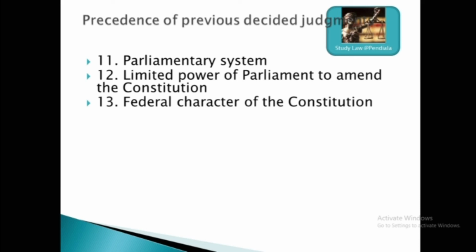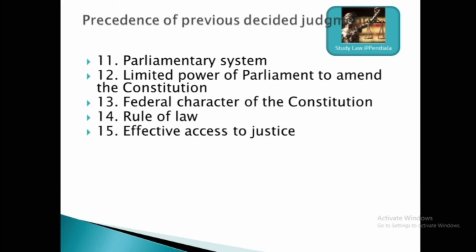So any amendment or any issue that will question the federal character should not be considered for amendment. And rule of law is equally important. Article 14 talks about equality before the law, or rule of law. Amendment to the Constitution should not change the process of rule of law.